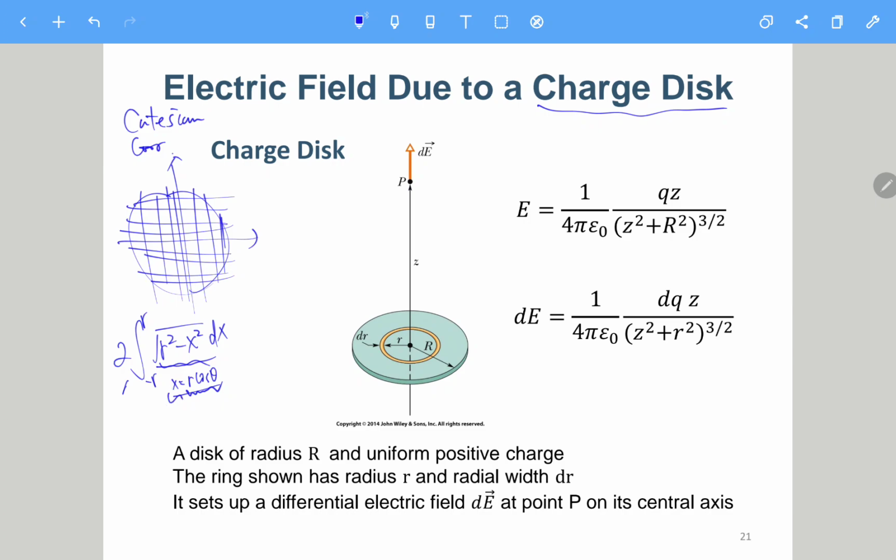That's why for a circle, using polar coordinates will be easier. So we will try to cut this circle like this, with the polar coordinate, and also like this.